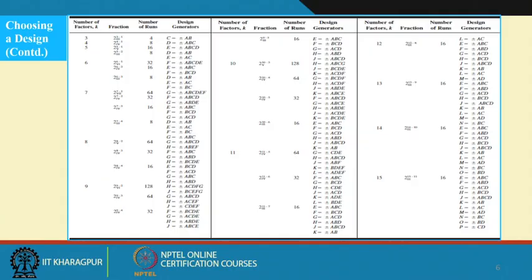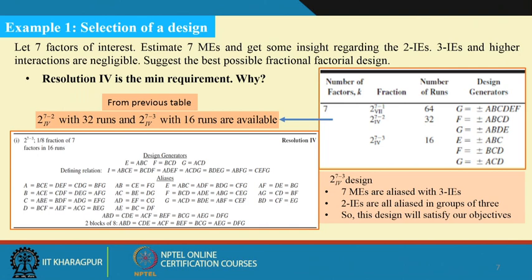Now, how to use this table? I will give you one example. Suppose you have 7 factors of interest and you are interested in estimating the 7 main effects and getting some idea about the second order interaction effects. Third order and higher order interaction effects are negligible. Say you have process knowledge that the third and higher order interactions for the controllable factors, or the factors of interest, are negligible.